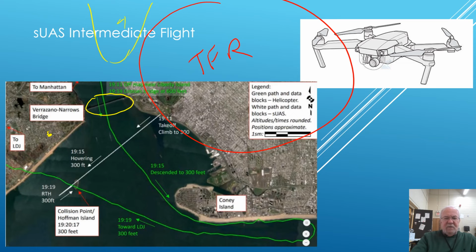Okay, so this green line is a Black Hawk helicopter doing a patrol. He's just security, right? The TFR is all about, I don't know whether the president was there or what was going on. It could have been a game. Don't know, but they're just patrolling, which is probably after 9/11.